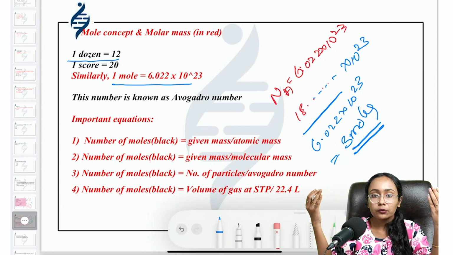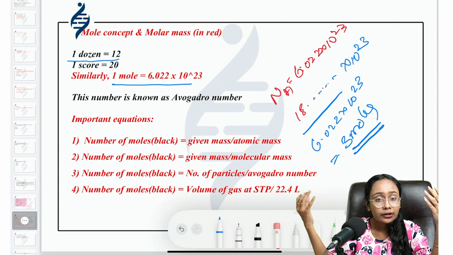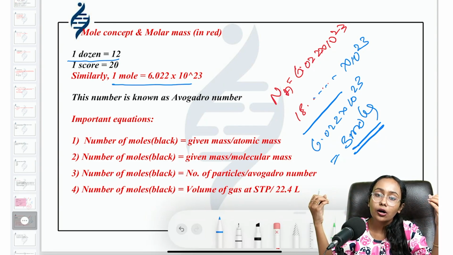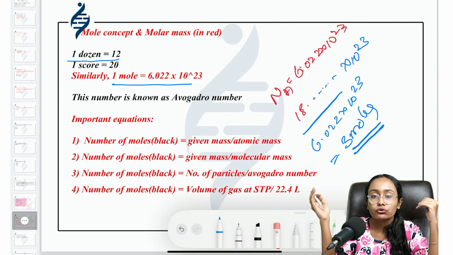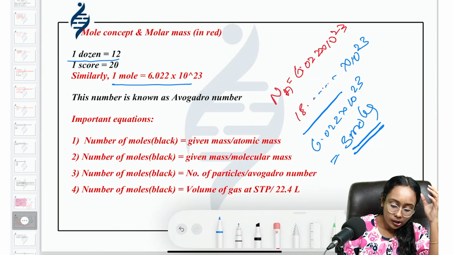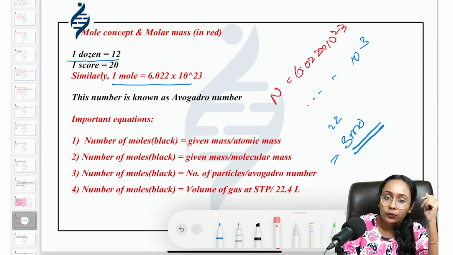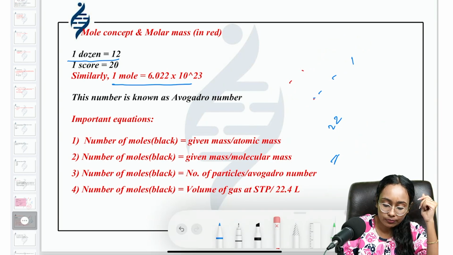If you are provided with the number of particles in a substance, you just have to divide it by Avogadro number, that is 6.022 into 10 raised to 23. You need to learn by heart the value of Avogadro number. In some cases, you won't be provided with the exact value of Avogadro number.